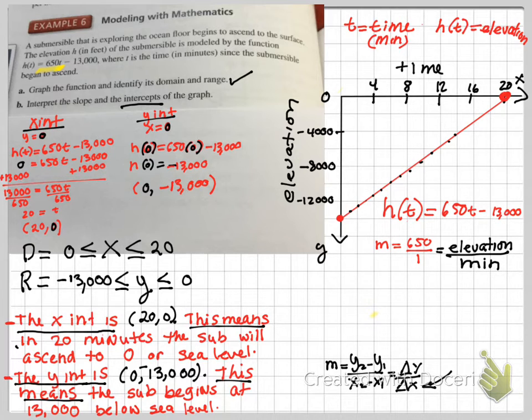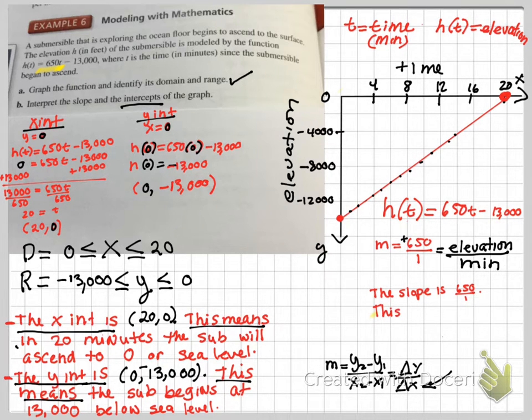Now we interpret our slope. Take it to the story: elevation per minute. Since this is positive, it's ascending, it's rising, it's increasing. So now we are going to talk about the slope. We have to identify it is 650 over 1.